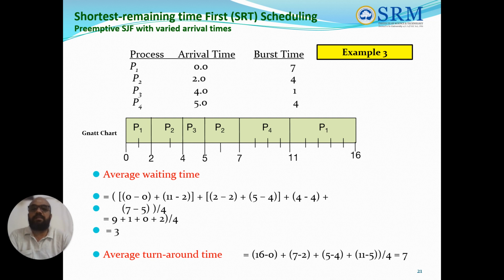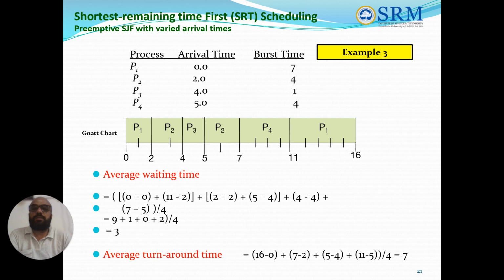When we find the average waiting time, P1 executes in two phases: P1 at 0 and then P1 at 11. So 0 minus 0 and then 11 minus 2 is the waiting time of P1. P2 executes 2 times: 2 minus 2, the first waiting is 0, and for the second, 5 minus 4, which is 1.